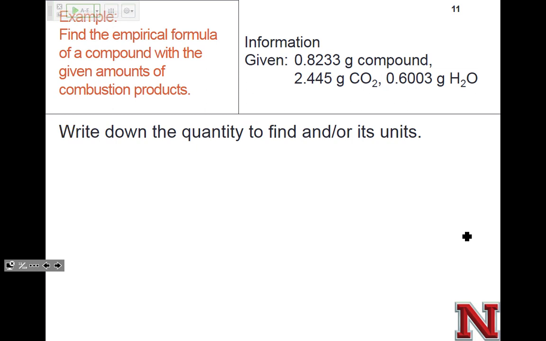Oxygen cannot be directly calculated using these two numbers, because oxygen could have come from our sample and could also have come from the O2 that was reacted with our sample. And since we don't know how much O2 was reacted with our sample, we can't figure out the moles of oxygen directly. But we'll still be able to figure out the moles of oxygen because we have our total amount of grams that we started with. So that's what we're going to be doing.